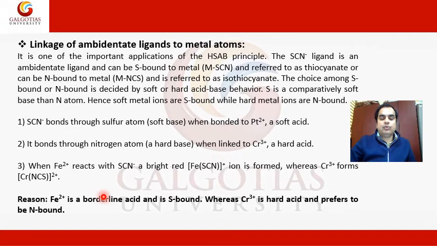When Fe2 plus reacts with SCN negative, a bright red Fe(SCN) plus ion is formed, whereas Cr3 plus forms Cr(NCS)2 plus. What is the reason behind that? The Fe2 plus ion is a borderline acid and is bound with the sulfur, whereas Cr3 plus is a hard acid and prefers to bind to the N.